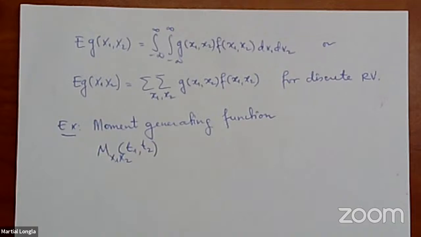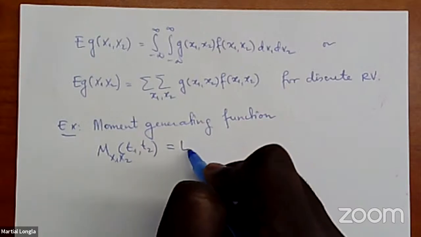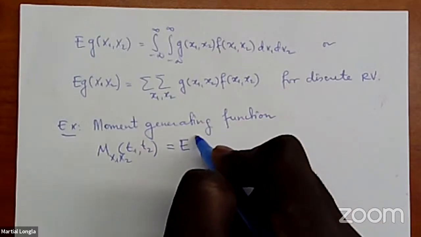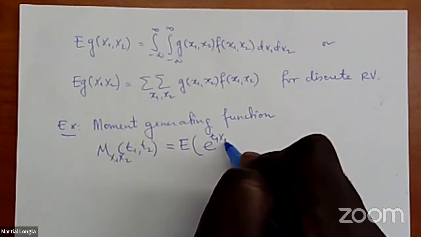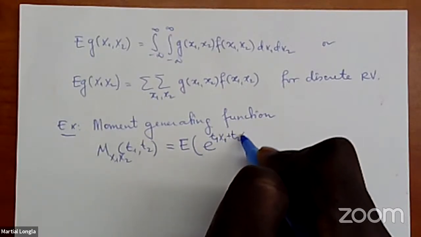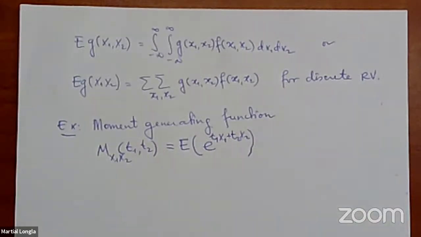There are now two values of t that are going to be in the definition. It's the expected value of e to the power t1 x1 plus t2 x2. So that's how you find the moment generating function of the vector x1, x2.